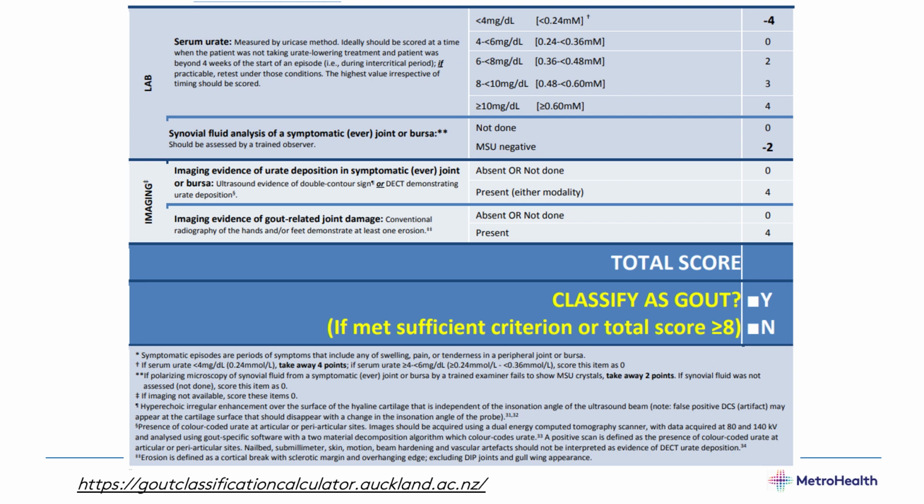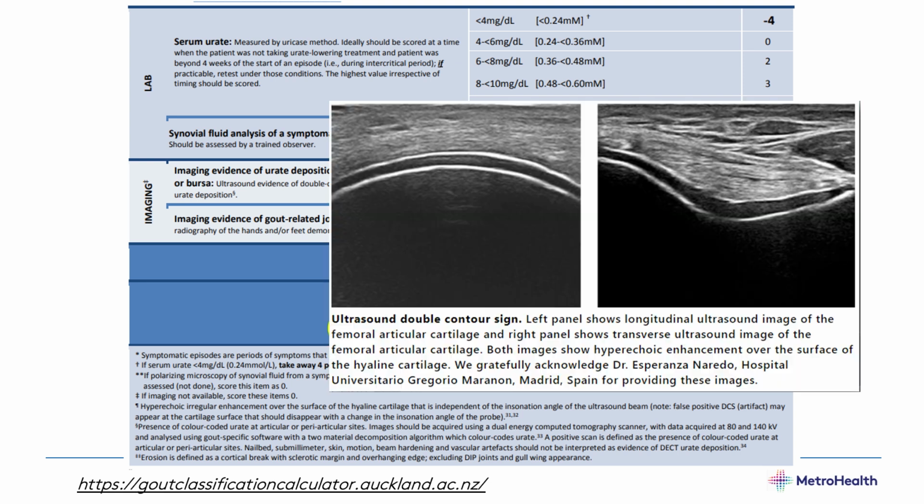And of course, ultrasound is part of that. And here's the classical double contour sign. So this is the knee. On the right side is the suprapatellar transverse view. You're looking down on the femoral groove. So the bottom white line is the femur. The black area is the cartilage.